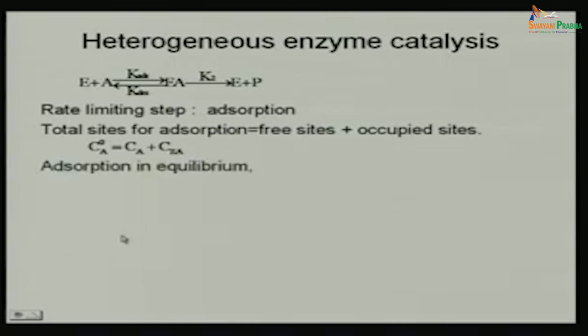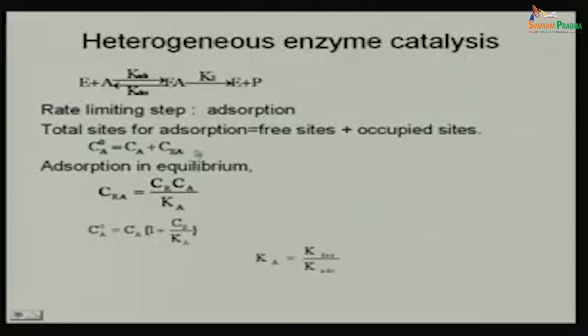Fine. And I have just a minute, so I'll quickly go through the rest. Because this is easy, once you have understood that this is a rate limiting step, this constraint is going to be on adsorption, so total number of sites equals free sites plus occupied sites, and then you can write the constraint equation that Ca naught equals Ca plus Cea, and you can write the equilibrium relation.